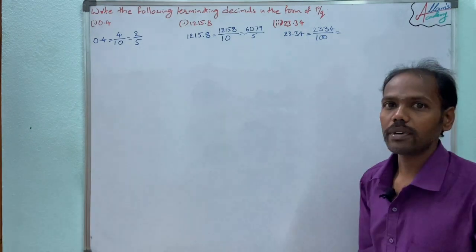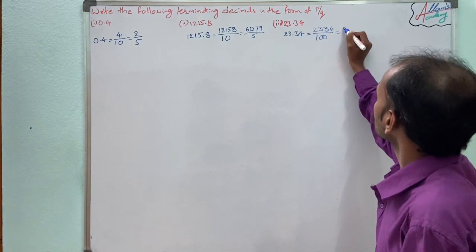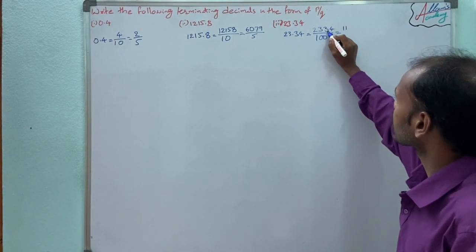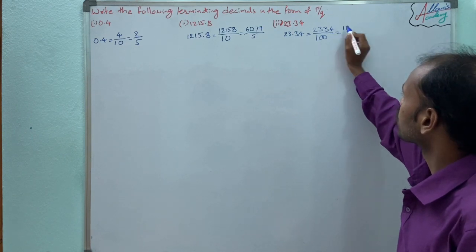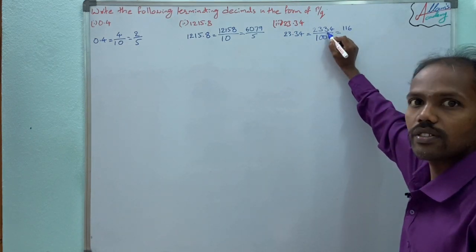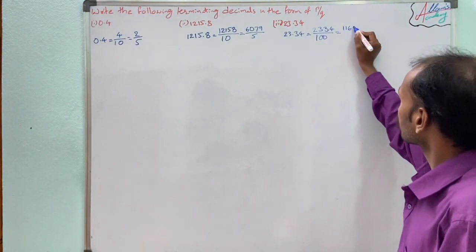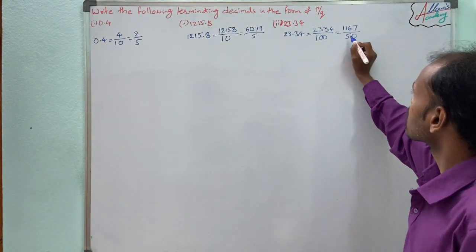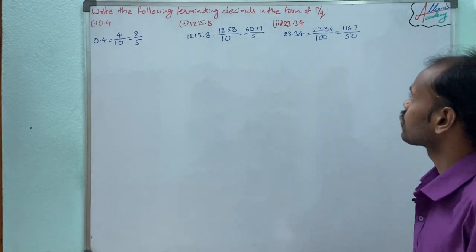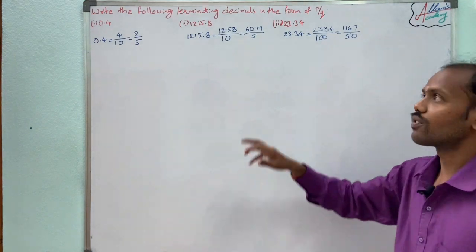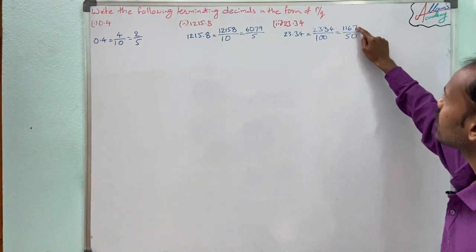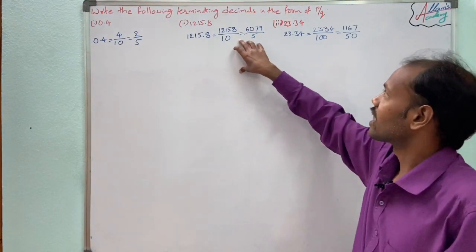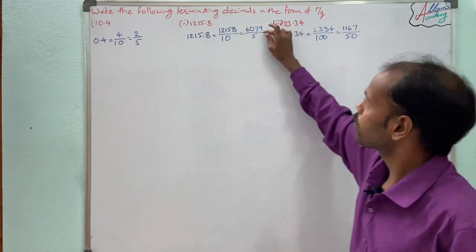Now both numbers are in the 2 table, so 2 ones are 2, 2 sixes are 12, 2 sevens are 14, and 2 fives are 10. So the simplification of 23.34 is 1167 by 50. Now we have written all the given numbers in the form of p by q.